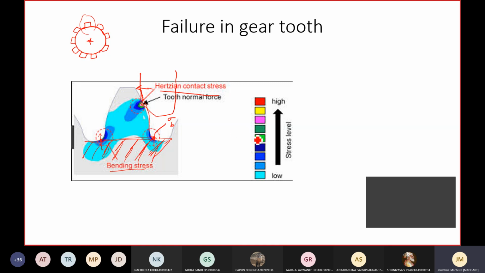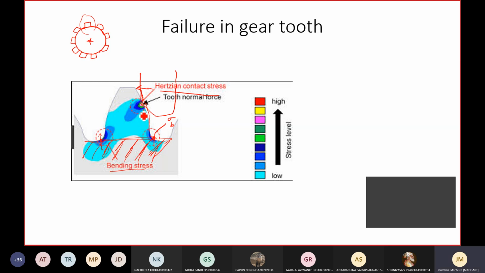I'm not very sure which parameter is used here, but let us forget that. We know that here it is a very high stress level, locally very high, because this is the immediate contact surface. These surface stresses are called Hertzian contact stress, acting on this gear tooth, and this also will be very high at the tip, so we all will agree.